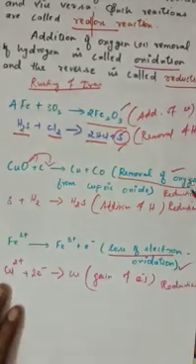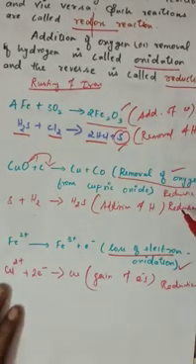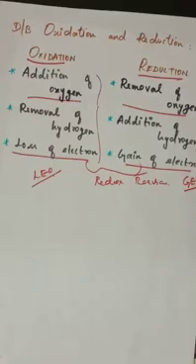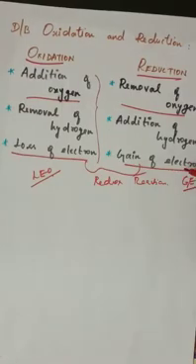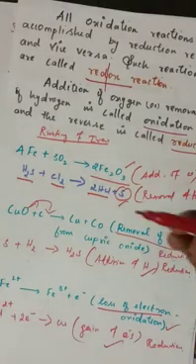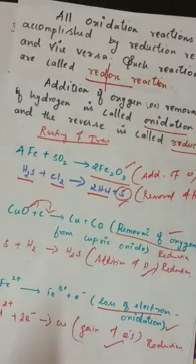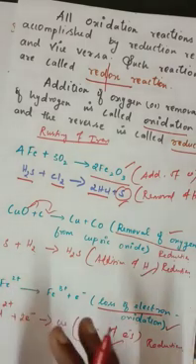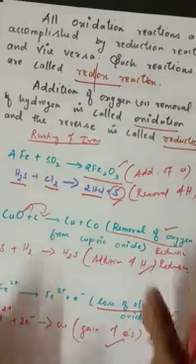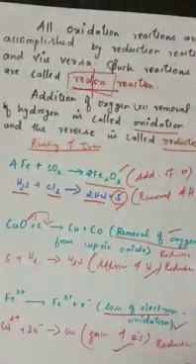The first is removal of oxygen, the second is addition of hydrogen, and the third is gain of electron. So we see three definitions. Whatever the reaction may be, when oxidation and reduction reactions take place together, it is known as a redox reaction.